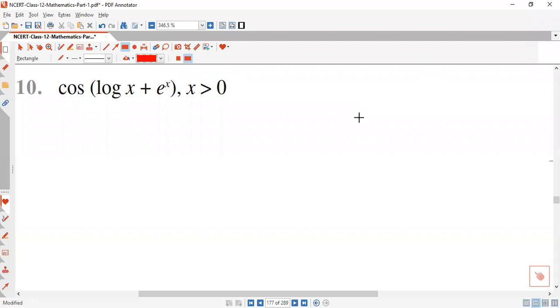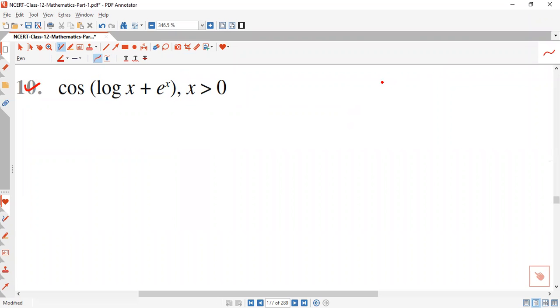Now we want to do this question number 10. Cos of log x plus e raised to x, where x is greater than 0. Differentiation of this part. We know cos x, log x, and e raised to x. We know the formulas there.